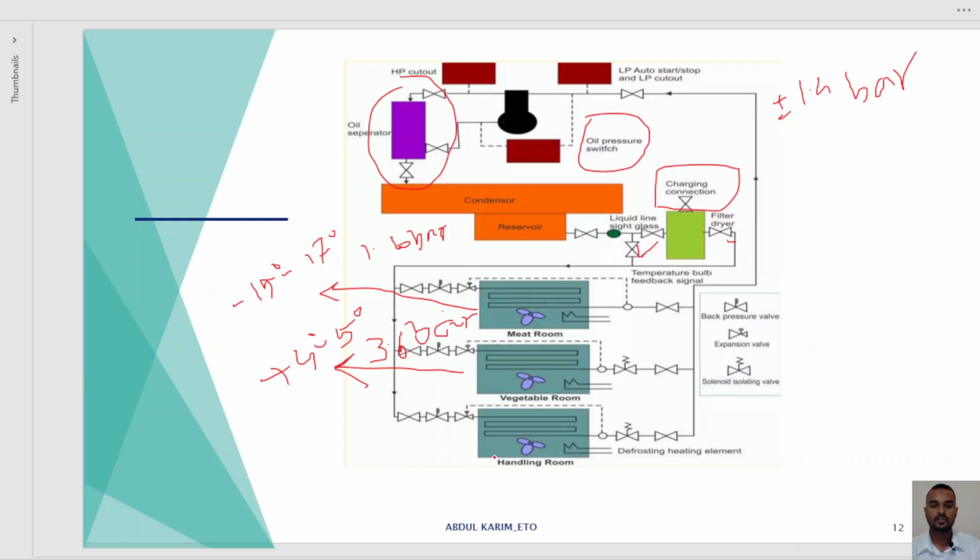Okay, the fish room temperature is like the meat room temperature, minus 15 degrees to minus 17 degrees Celsius, and the pressure will be 1.6 bar.